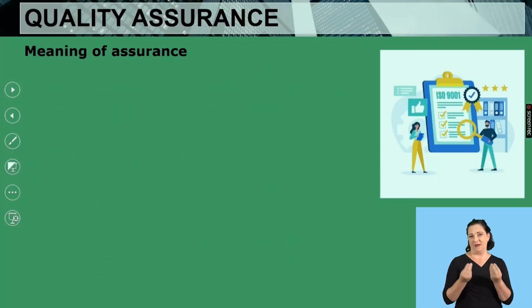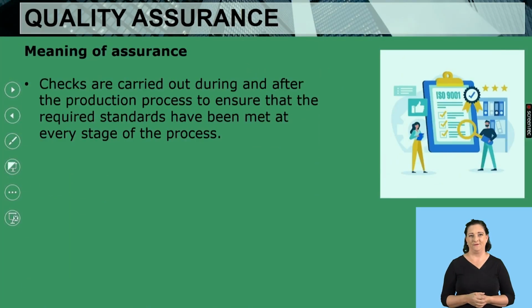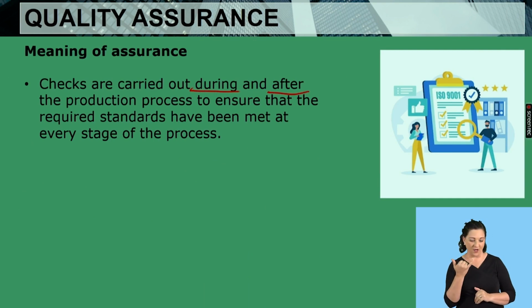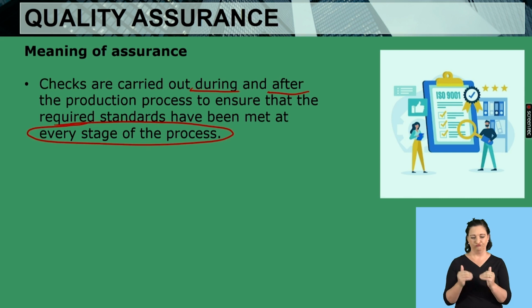We then have what we call quality assurance, which states that checks are carried out during as well as after the production process to ensure that the required standards have been met at every stage of the process.